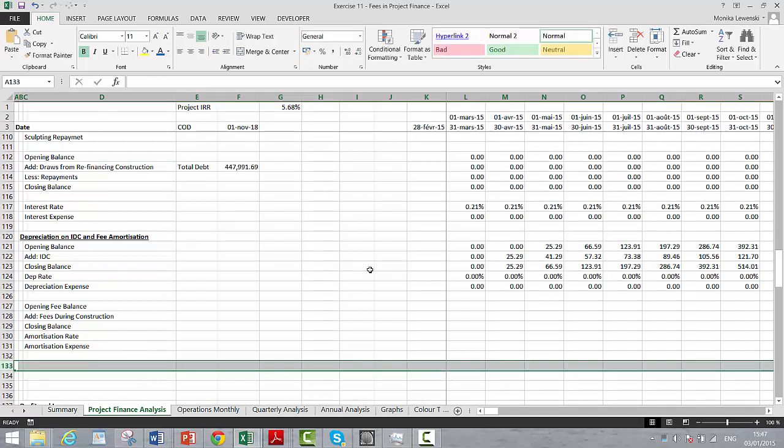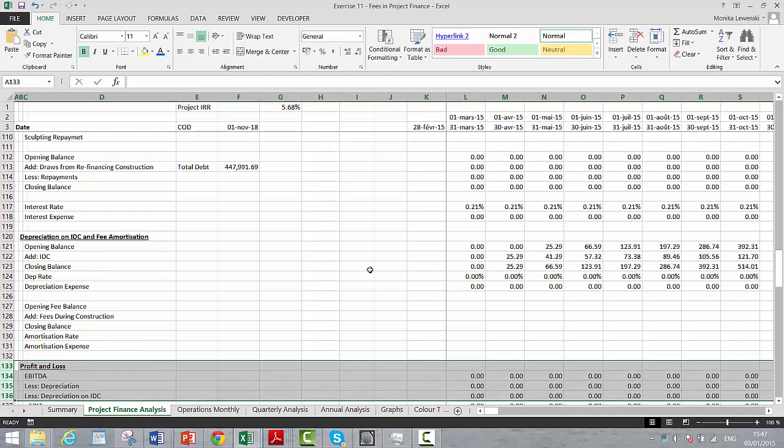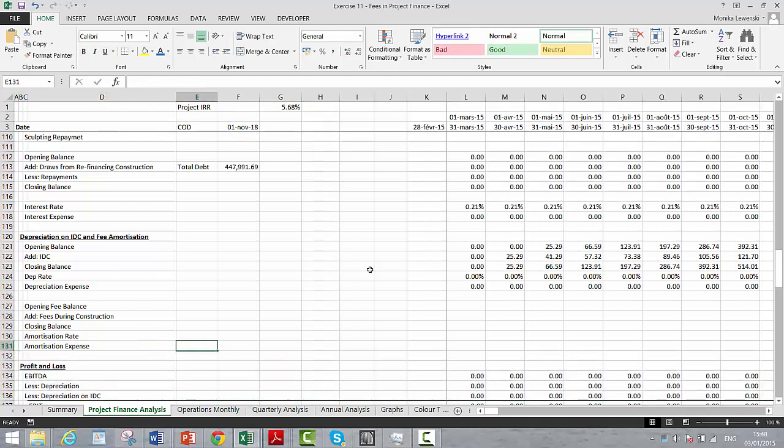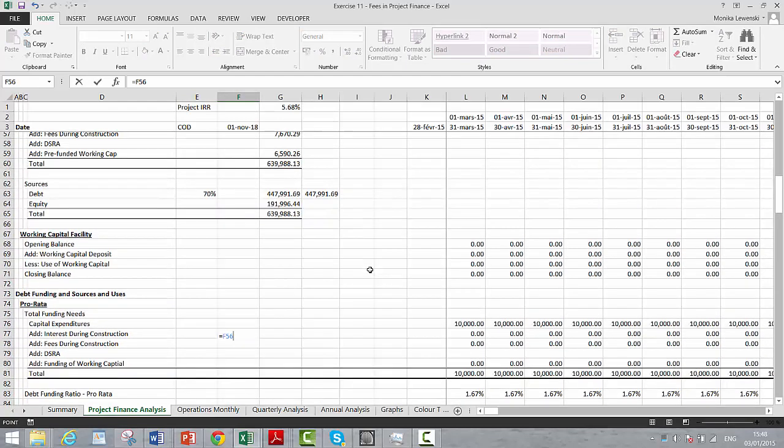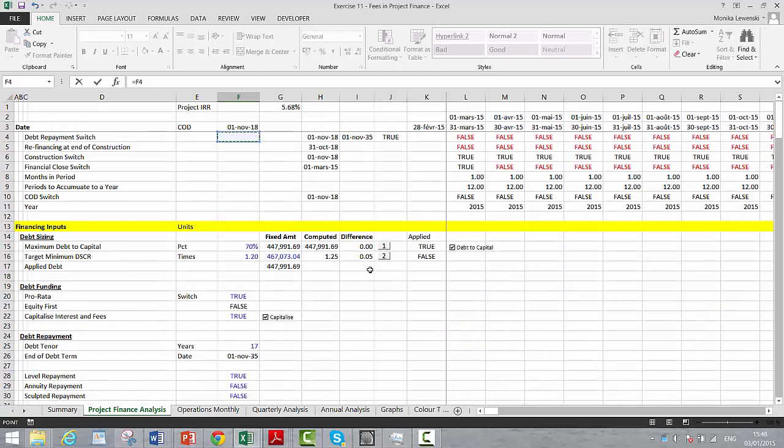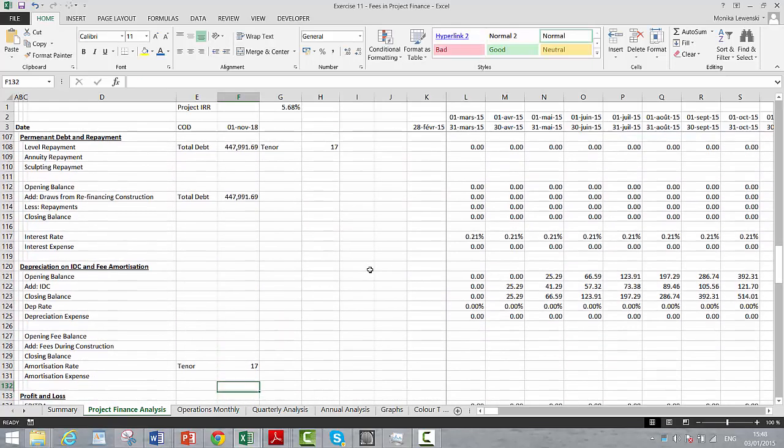Okay, and the only trick is knowing what the tax law will allow in terms of the amortization rate. Let's put the tenor of the debt as a rate. I've heard you might be able to amortize these over 5 years in some places because refinancing occurs so often. And if the tenor is 17, you would take 1 divided by this 17, and that's not quite right because that gives you your annual rate.